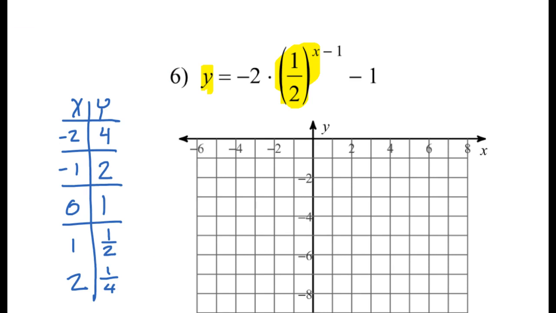If there's an a value, we will need a new y column. And this problem has an a value of -2. So that tells us that we will need a new y column.